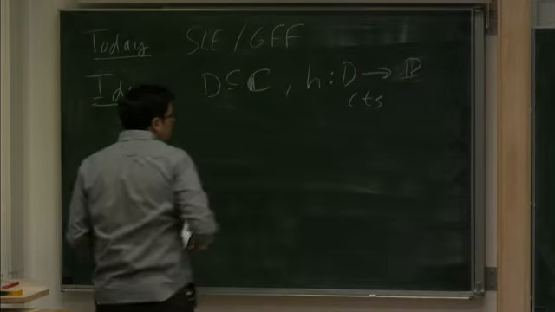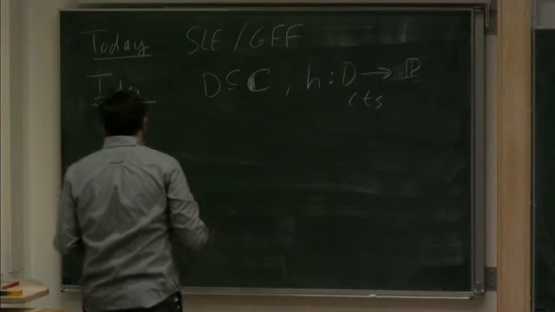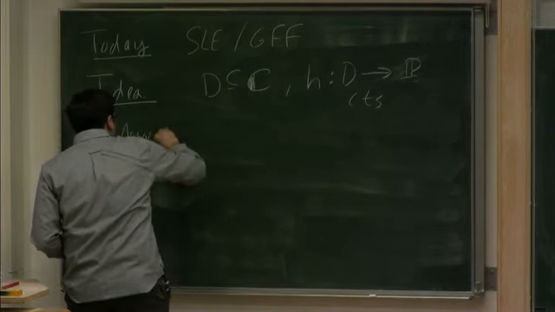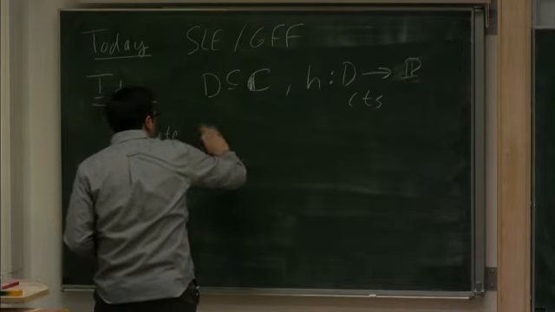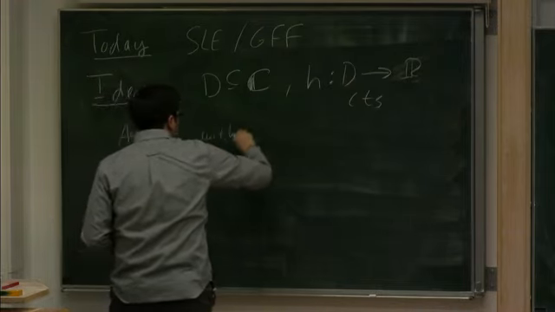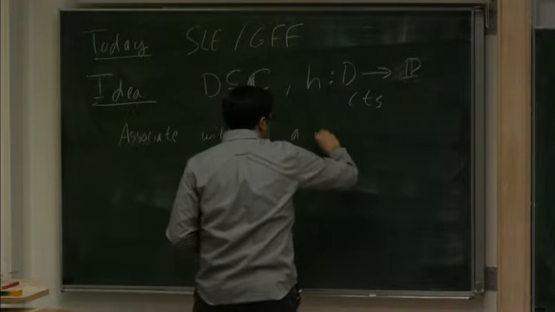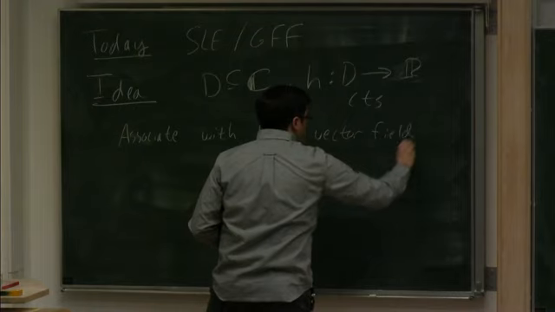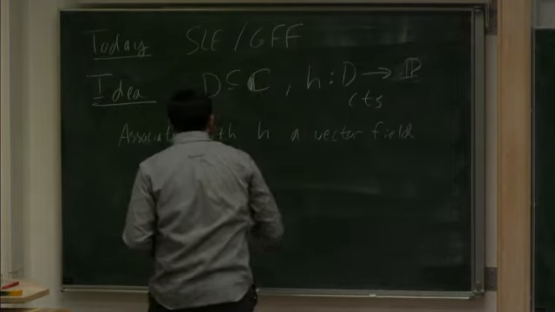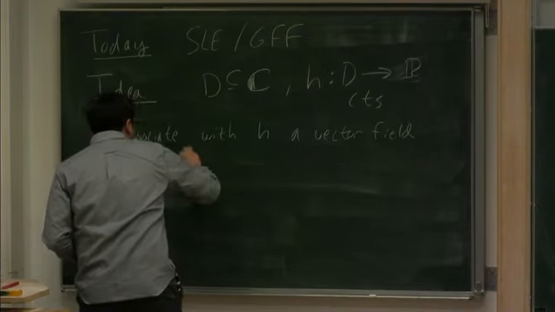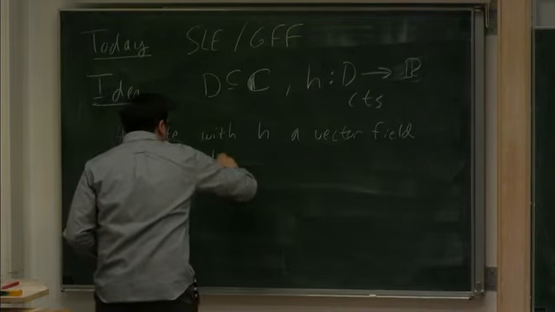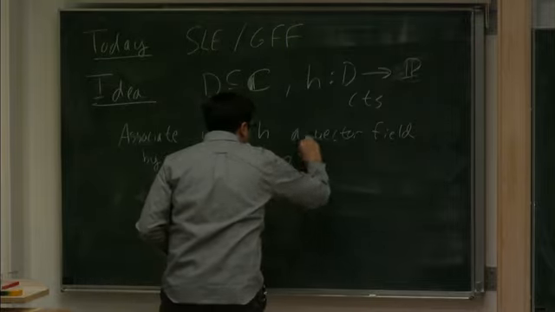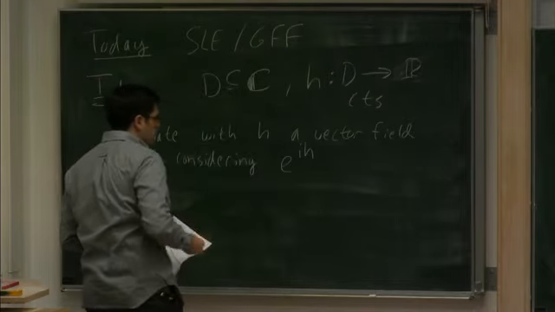Then if you have a function like this, you can always associate with it a vector field. And the way that you get your vector field is that you consider just the complex exponential e to the i h of your function.